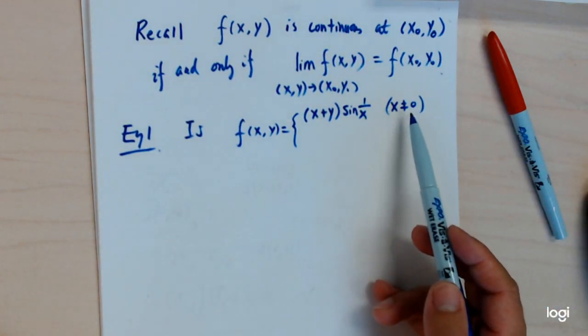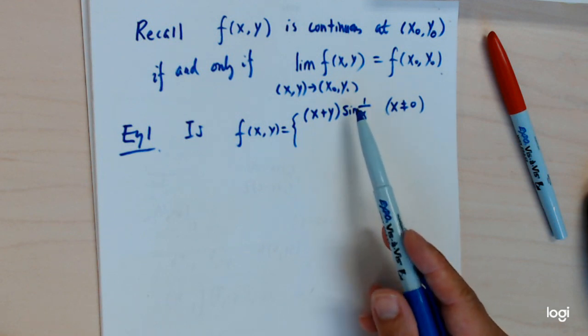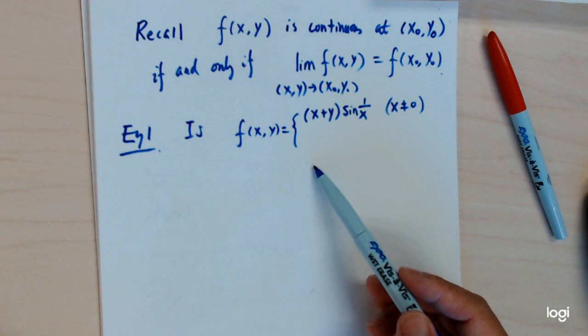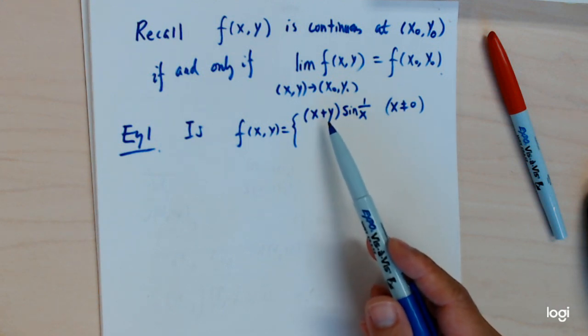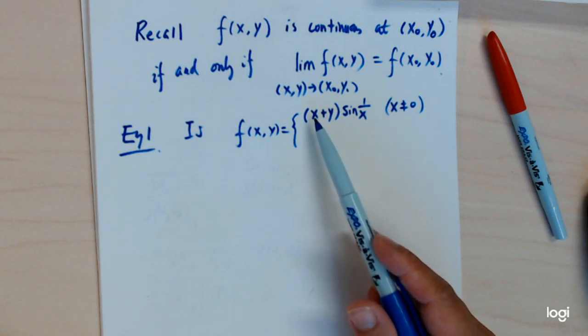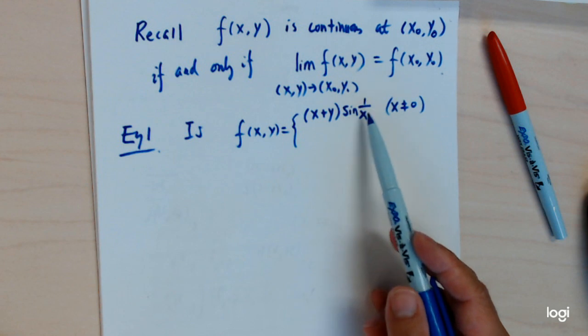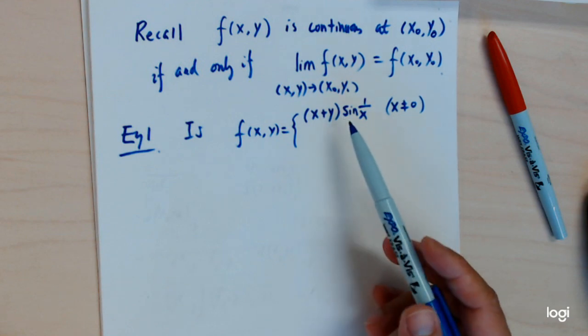So here when x is not 0, we have a function sine 1 over x. We multiply this with x plus y. So if you picture this, when x and y approach 0, 0, this term goes to 0, and this term, well, it's less than 1. So we're feeling that the limit of this might be 0.